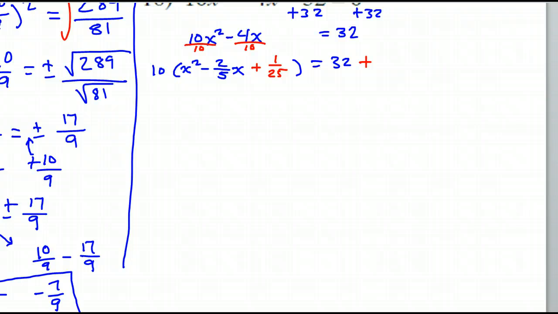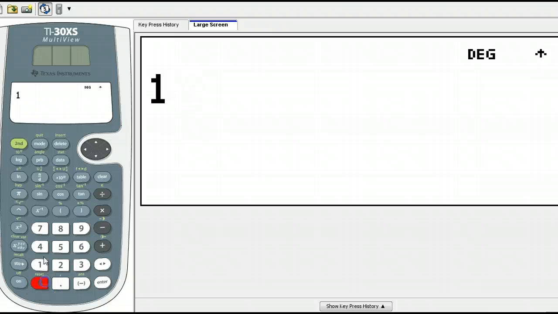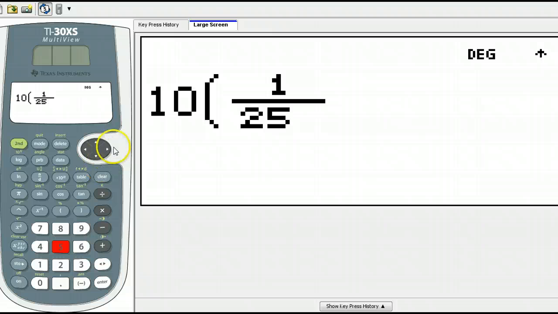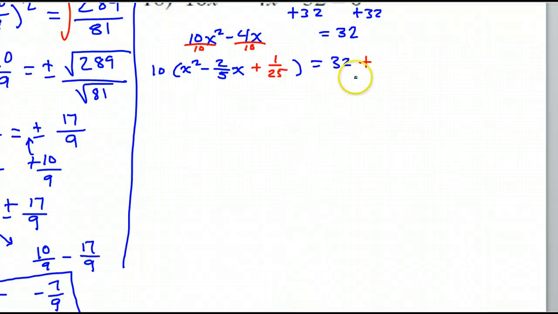Just looking in your calculator, it's 10 times 1 over 25, and that is what we're going to have to add. But that is 2/5. So we put 1 over 25 over here, but because it's really 10 times 1 over 25, and that's 2/5, that's what we have to add over here to balance it out.